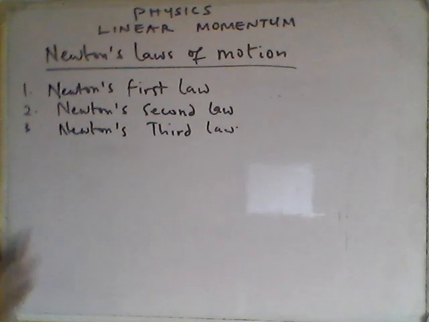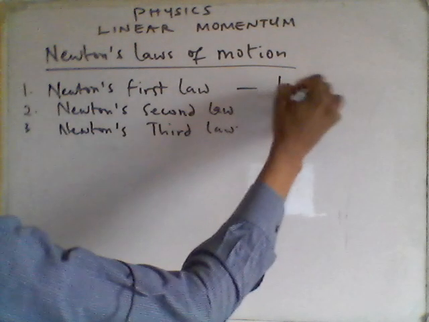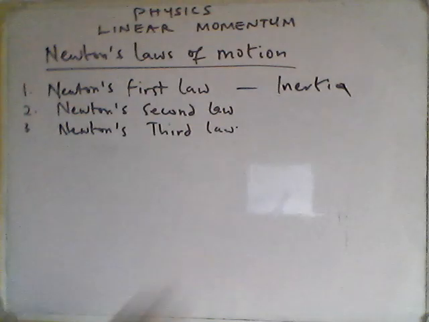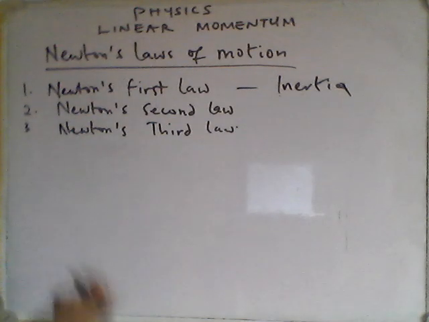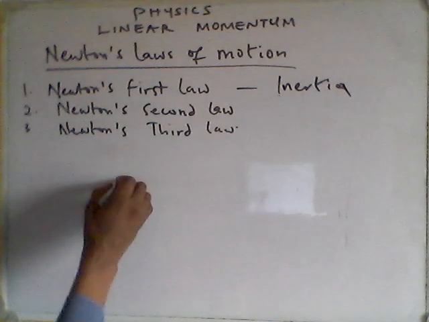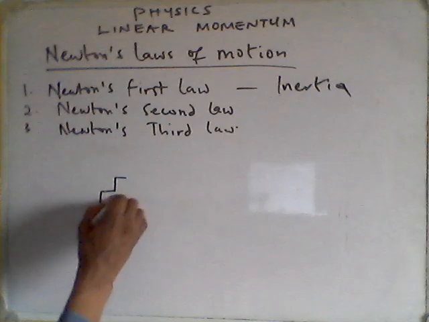But the first law, Newton's first law, actually deals with inertia. What is inertia? Let me put it here so you see inertia. The first law states that every object continues in a state of rest or uniform motion in a straight line unless acted upon by an external force. So every body, let me put a vehicle here now.